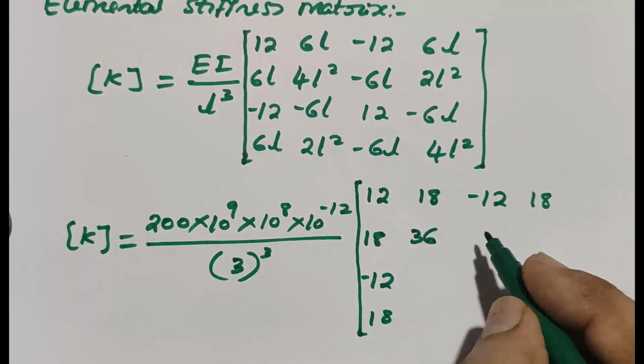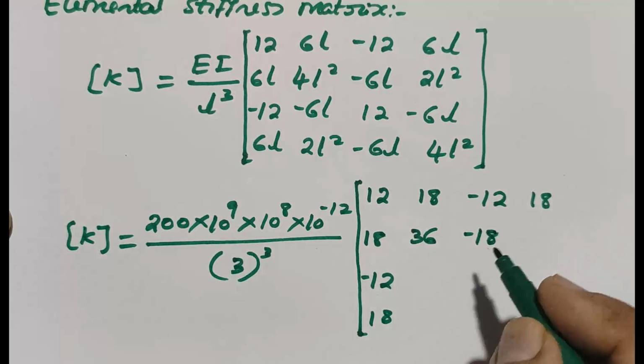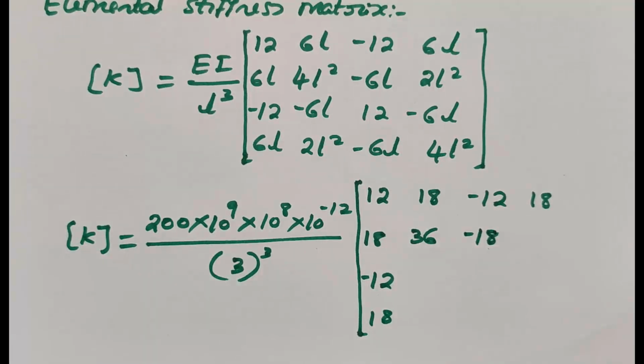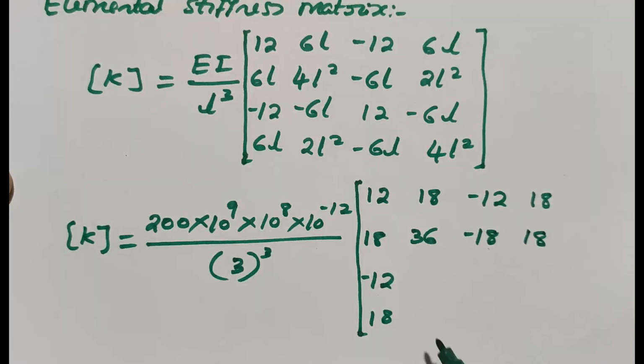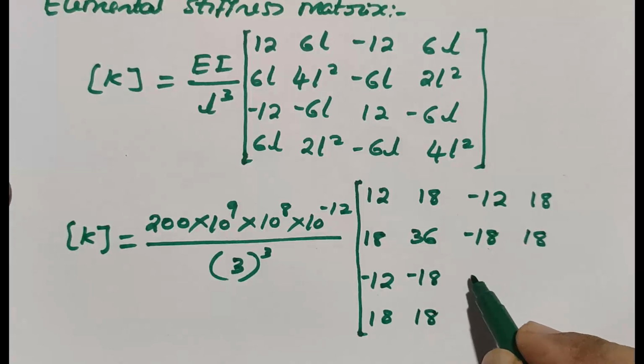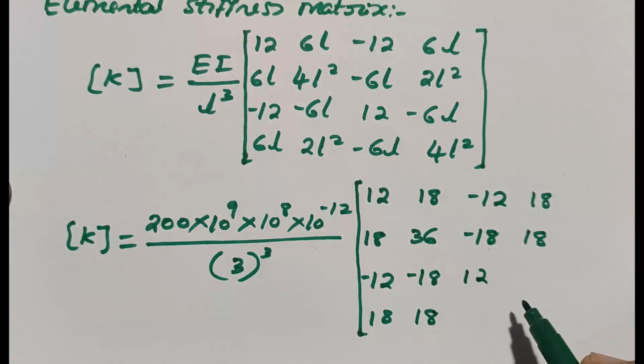Minus 6L, it is minus 18. 2L square means 9 into 2, it is 18. So due to symmetry, I can write the second column as 18, 36, minus 18, 18. Next 12, minus 6L, it is minus 18, it is minus 18. 4L square is 36.